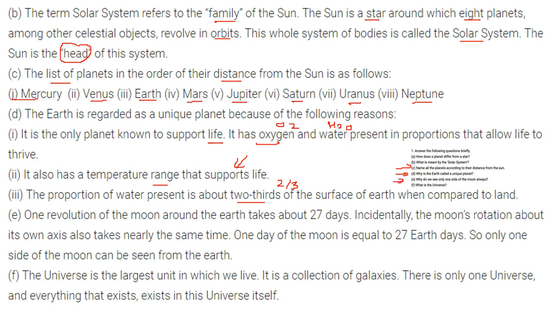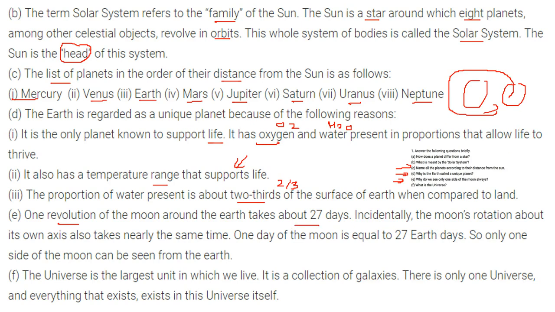Next is, why do we see only one side of the moon always? The reason is, there are two things. One, the revolution of the moon around the Earth, which takes 27 days, and incidentally the moon's rotation about its own axis.